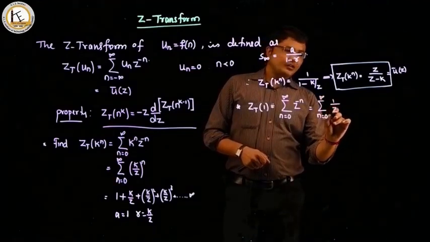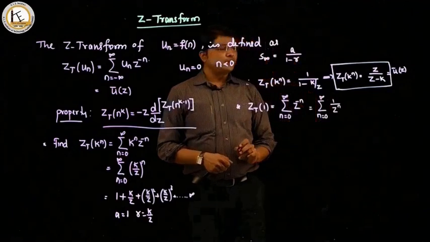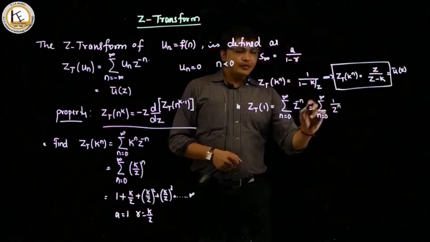Now simplifying this, here also we need to find the summation of this z raised to minus n.